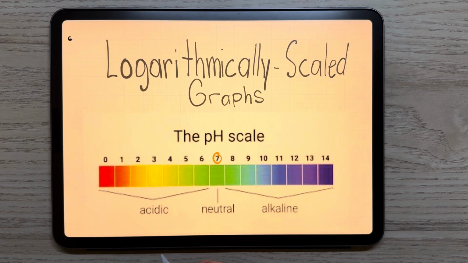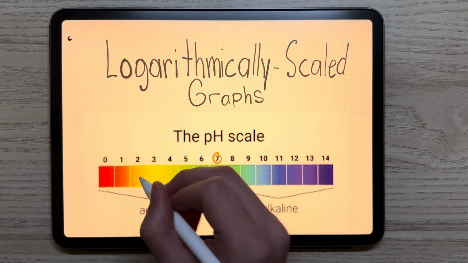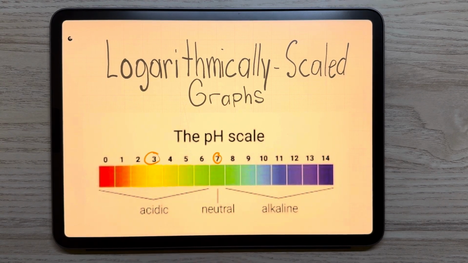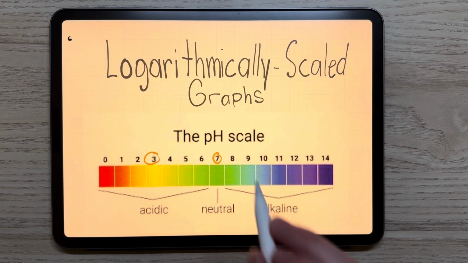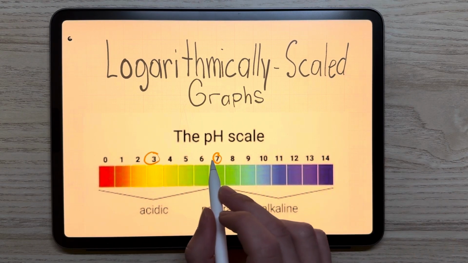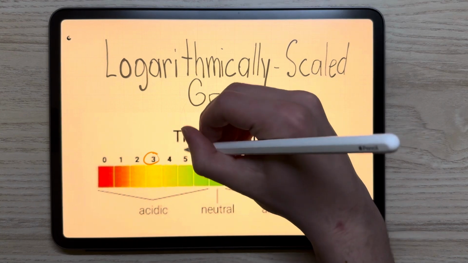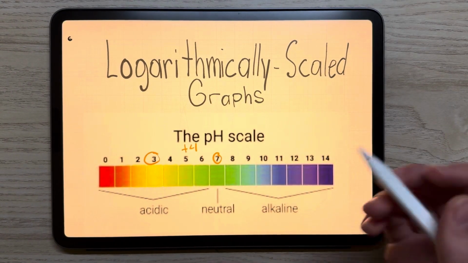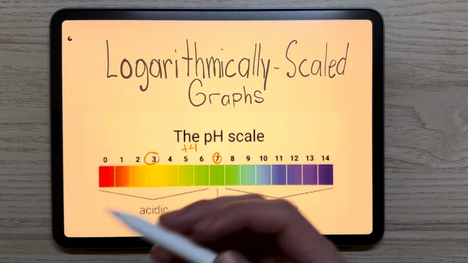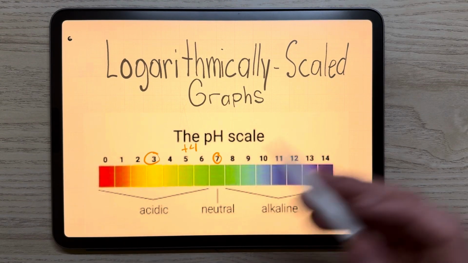And then you have some acid that has a pH of 3. The first idea is that maybe the water is just 4 more acidic than the acid with a pH of 3.